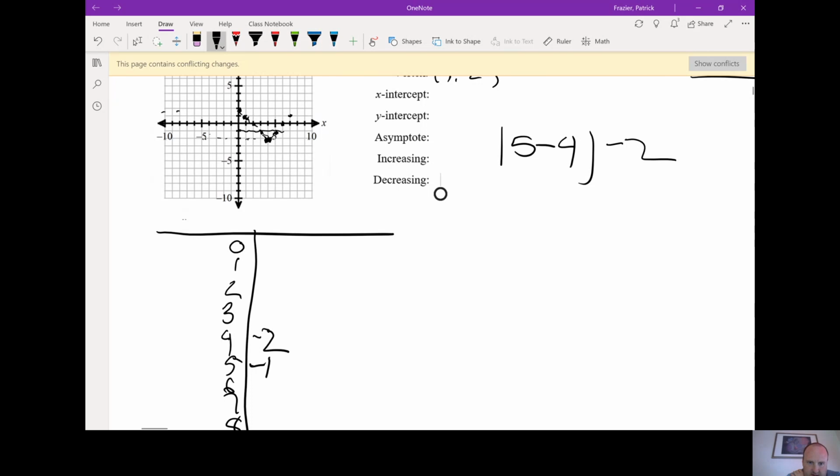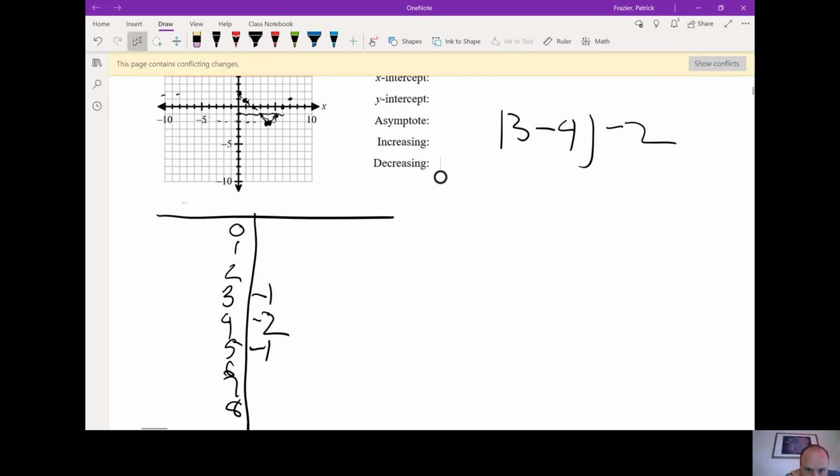On the other side, where x equals 3, 3 minus 4 is negative 1. The absolute value of negative 1 is positive 1. 1 minus 2 is negative 1.